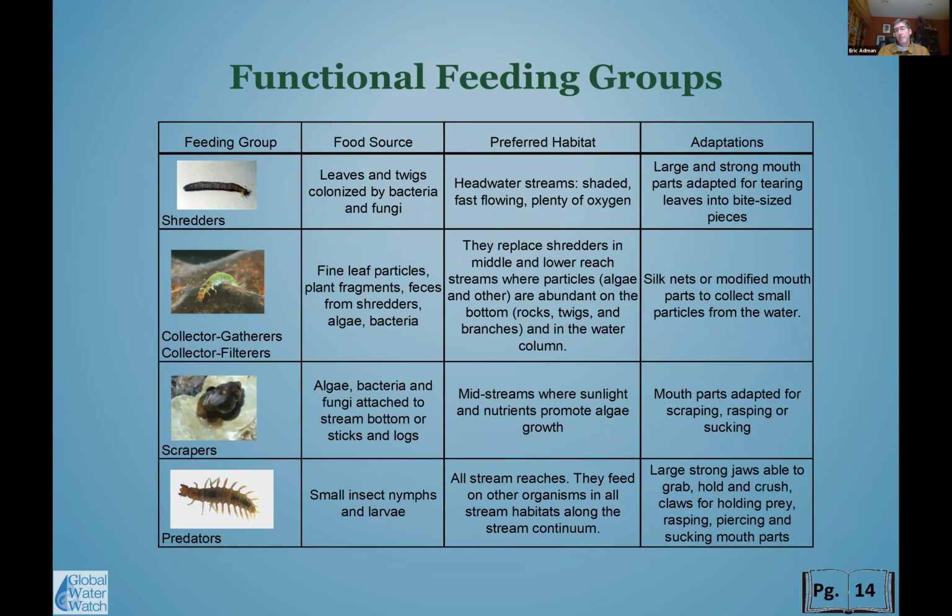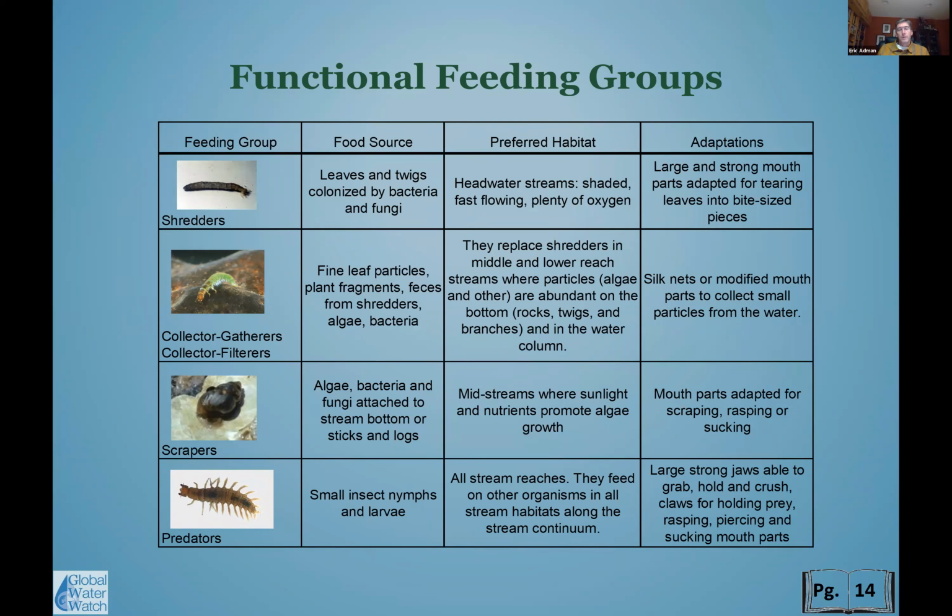They typically eat things like leaf particles, fungi, and algae, and depending on what they eat and how they eat, they're classified into these different functional feeding groups. That also varies on where you're going to find them within the stream continuum. We talked about that stream continuum before, from the headwaters down to the mouth of the stream.